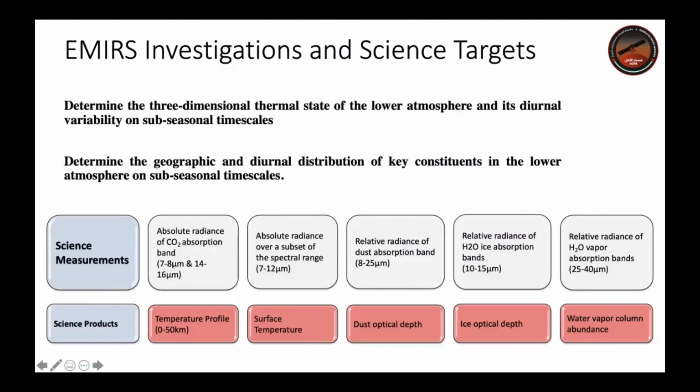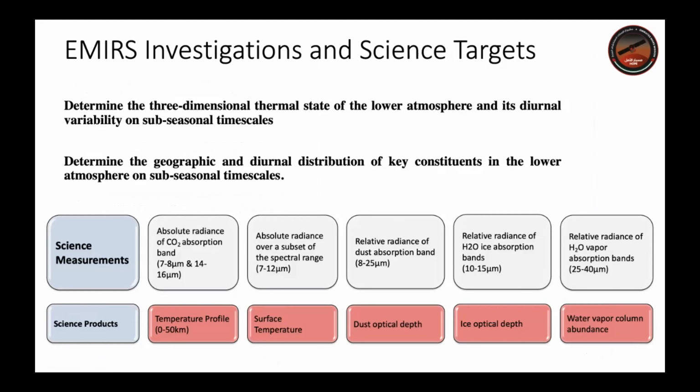So EMIRS plays this role on the mission, as you heard Hessa talk about earlier, providing key information on the 3D structure of the lower atmosphere and its variability on subseasonal timescales.